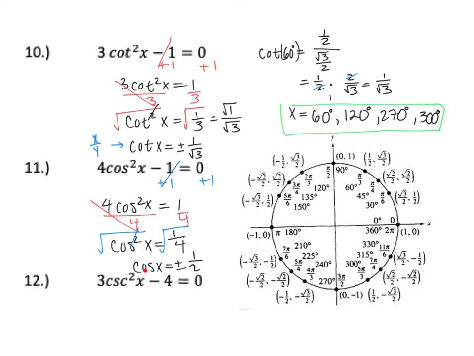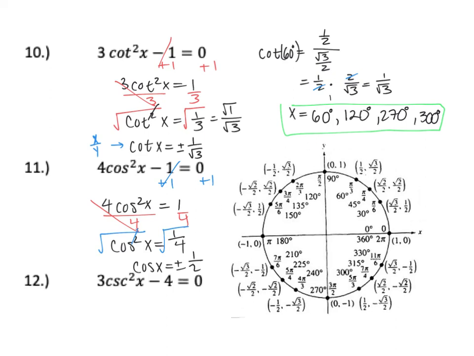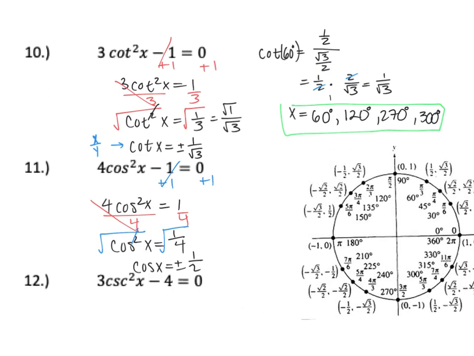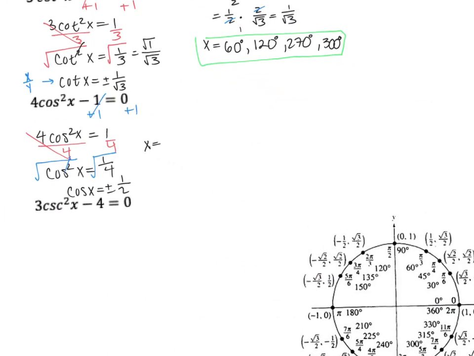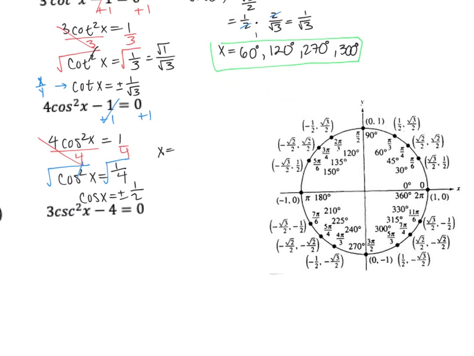So I'm looking for when cosine is positive and negative 1/2. There are quite a few places that this happens. So if we list them out here, cosine is the x values. So let's bring this up just a little bit. Let's move this out. There we go. That's better. So it looks like cosine is the x values, and the first time it appears to be 1/2 is at 60 degrees.